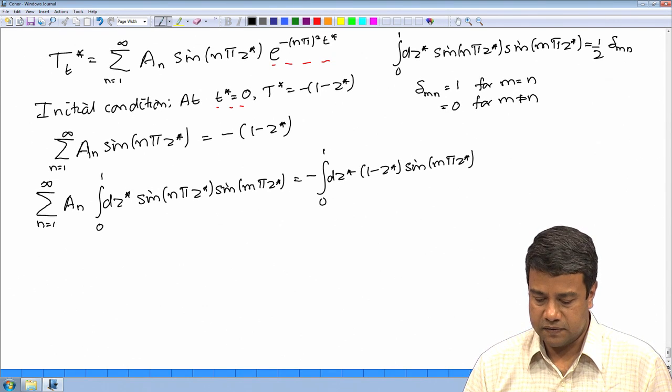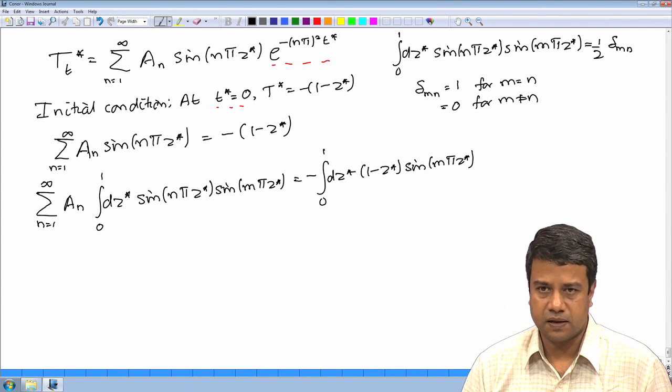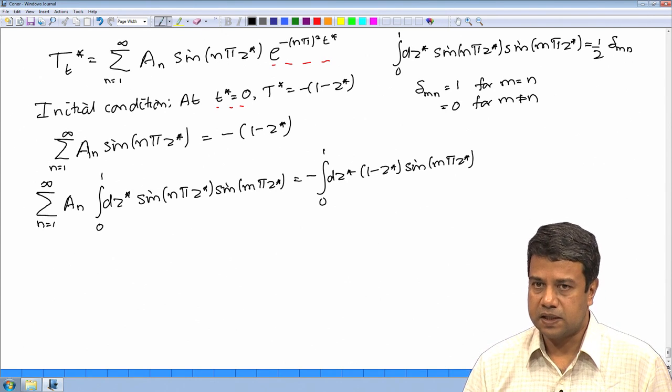Multiply both sides of the equation by sine of m pi z and integrate from 0 to 1, where m is any integer.